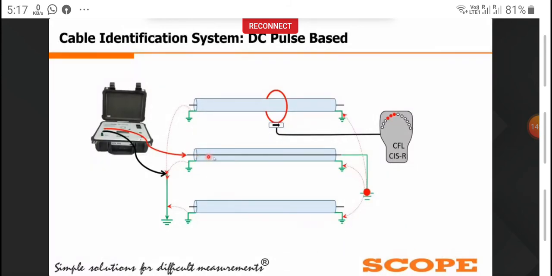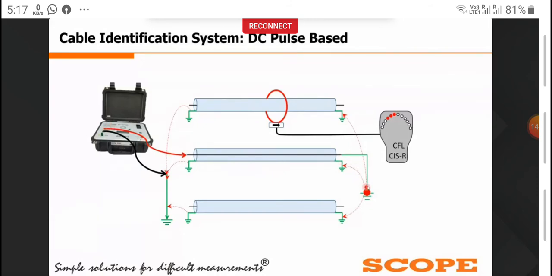In this picture, you can see that we have clamped a CT on an unwanted cable. In the unwanted cable, the current will flow in the reverse direction, because there is no direct current flowing through the core of the cable. In this first unwanted cable, the current is flowing through the armor of the cable, in the reverse direction of the CT direction.